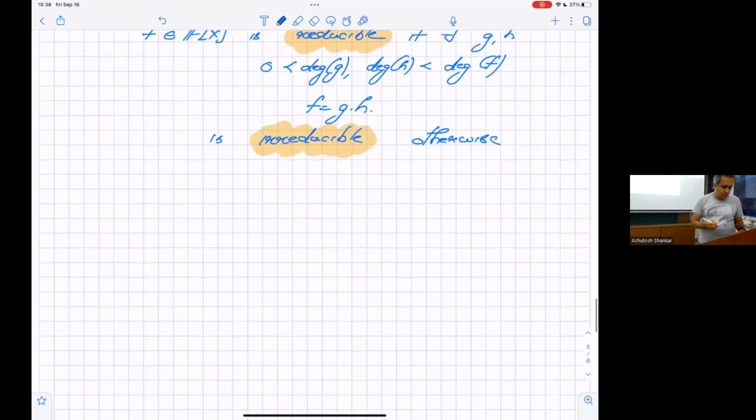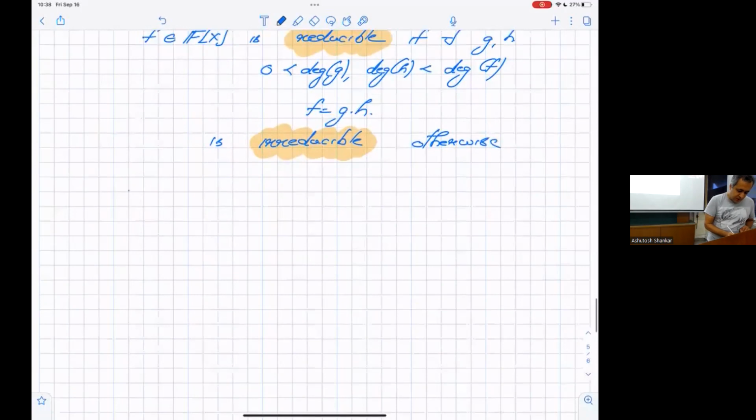So you can always start with an f and break it down into f1, f2, ..., fr, so that all the fi's are irreducible. If it was not irreducible, you know that there is a gh; you keep breaking it. But because there's no order in this, you could have done it by breaking in a different way.